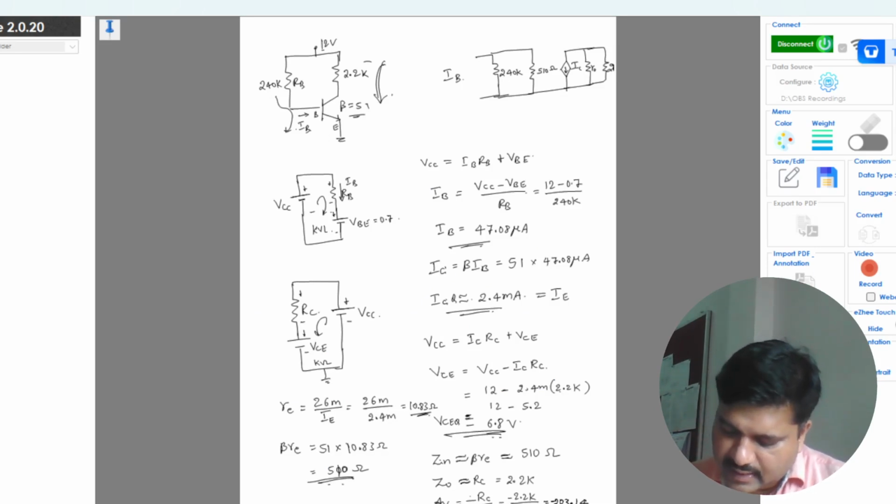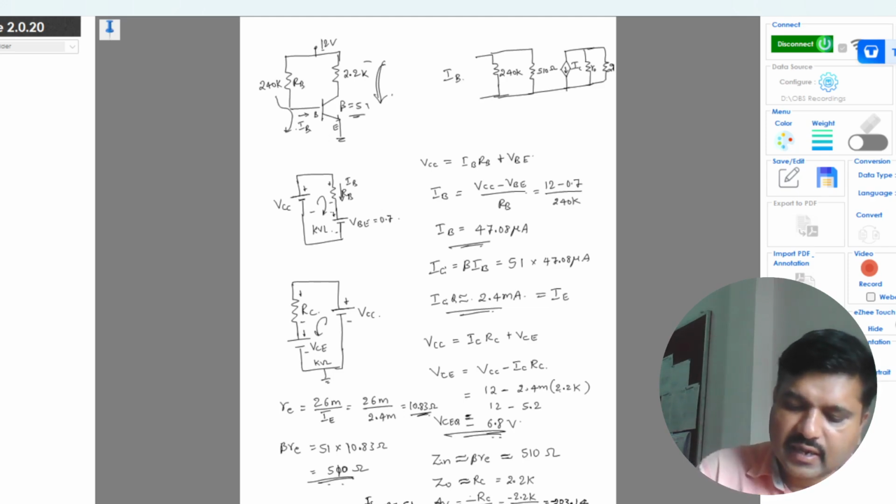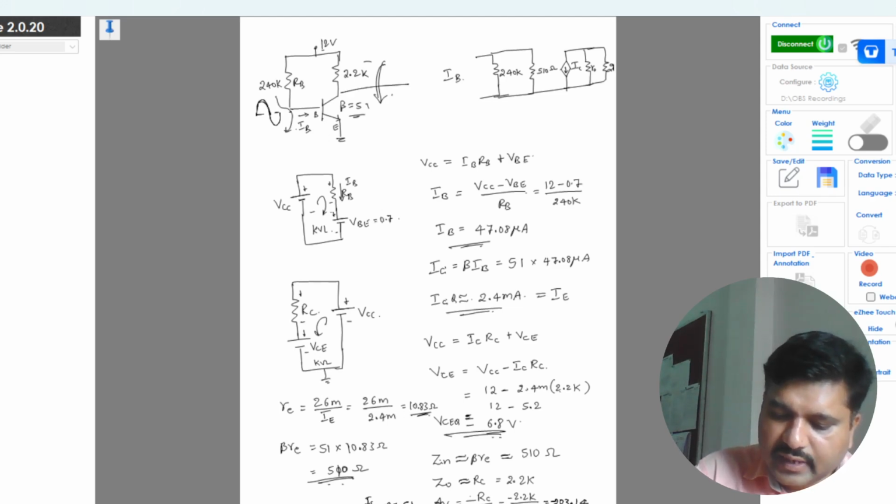And the current gain AI is nothing but IC by IB, which is beta, equal to 51. This is the current gain. The minus indicates that the output is out of phase with respect to input. If the input is going from high to low, the output will be going from low to high.